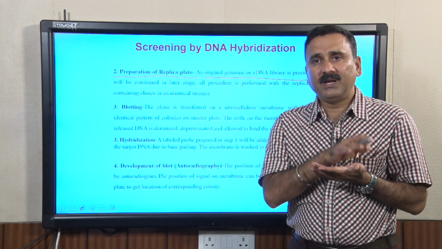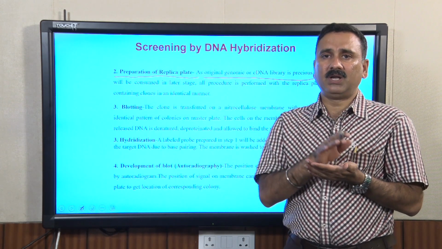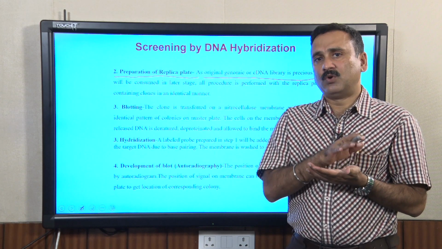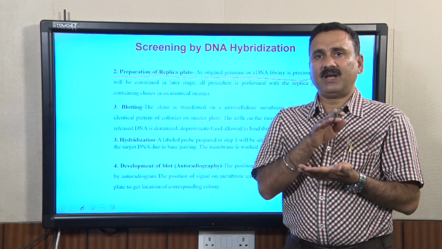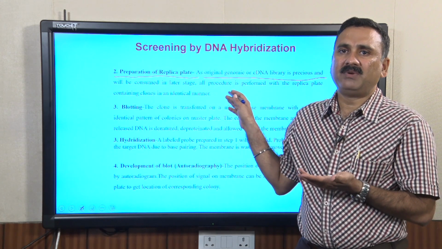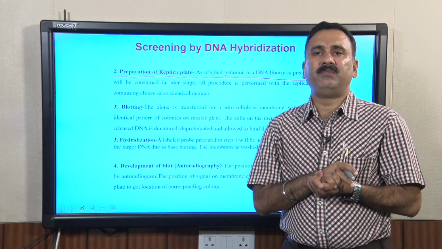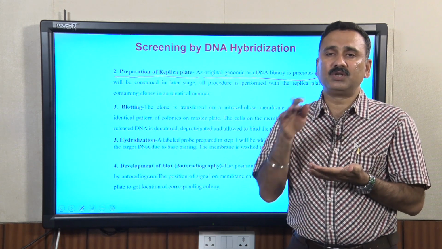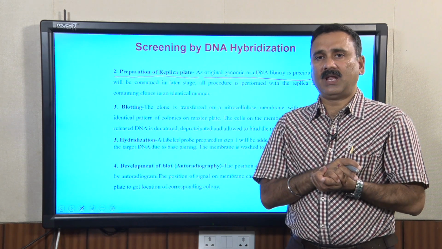That is why, once you prepare a genomic library of a particular host, you do not want to destroy it, whereas screening of a genomic or cDNA library by the DNA hybridization method is going to destroy the library.